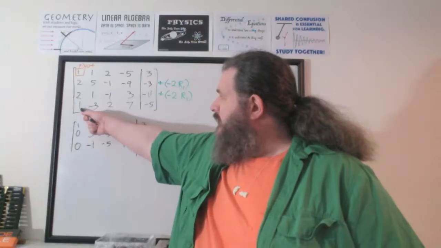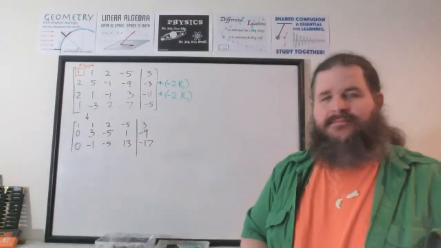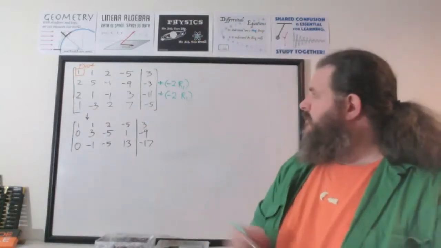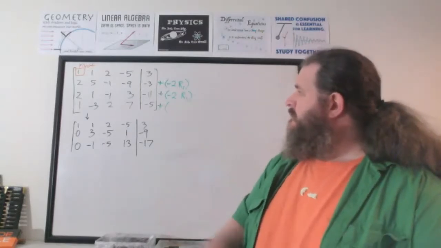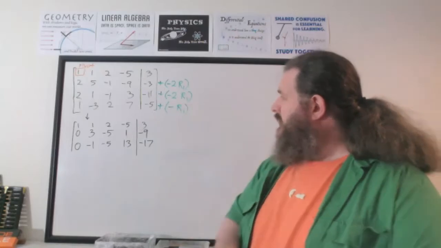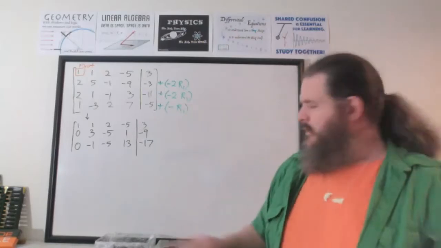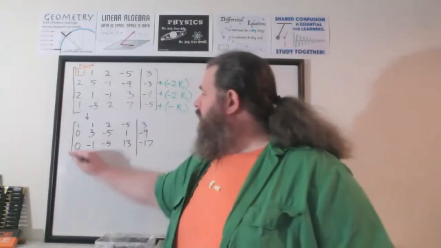We still need to get rid of this 1 here. So what operation will work for that? What should we add to this row? Negative row 1. Yeah. We don't even need a multiplier beyond -1 because the 1 will be canceled out by -1.